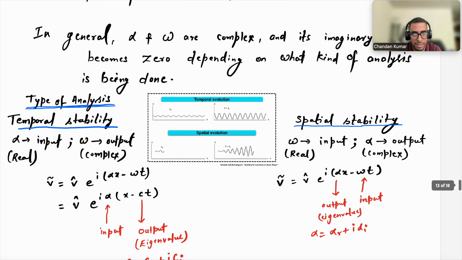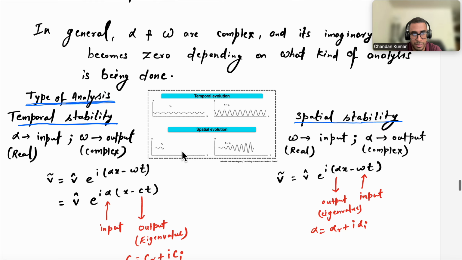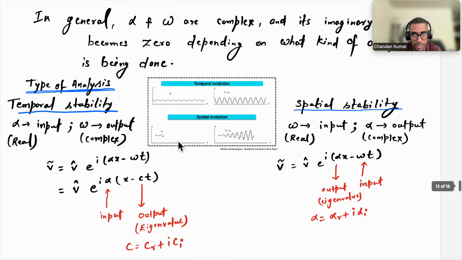Then you have the spatial evolution, where you have some perturbation localized in space, and when the time increases, that perturbation evolves in the streamwise direction. At the same time, it also grows in amplitude. This study comes under the spatial evolution.